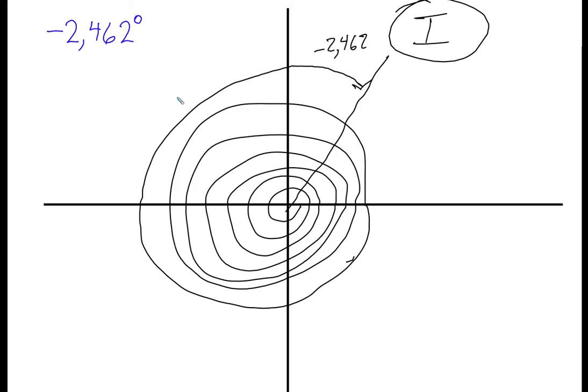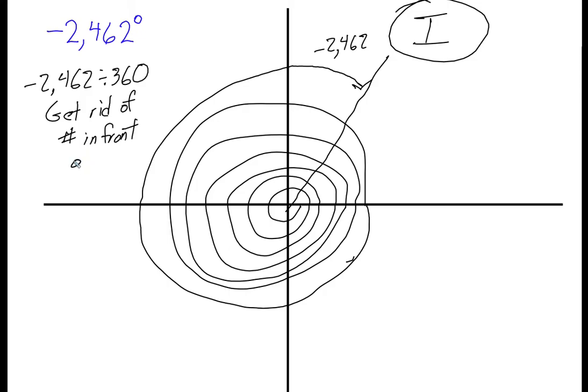So the method was take this divided by 360, then get rid of the number in front of the decimal place, and then multiply by 360 to find out how many degrees are left.